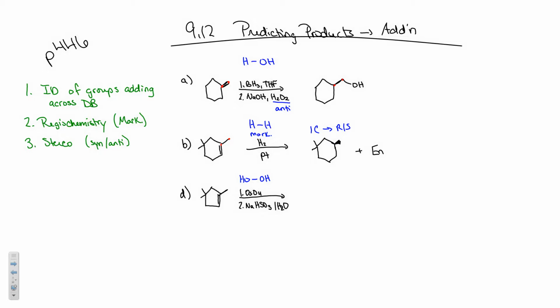Then once I get my OHs on here, what is the orientation? It's syn. And since there's no plane of symmetry anywhere, there's an enantiomer. So this is not a meso compound.